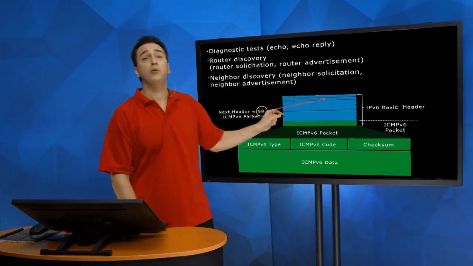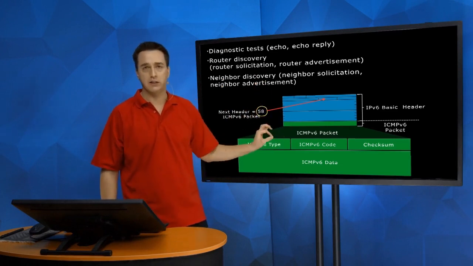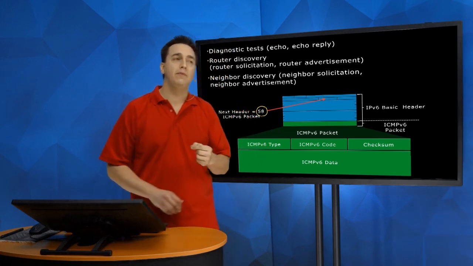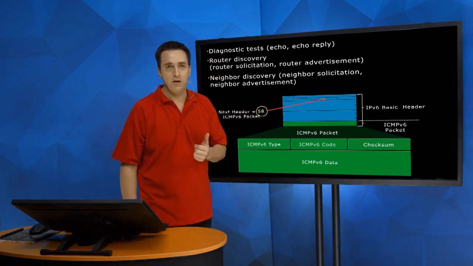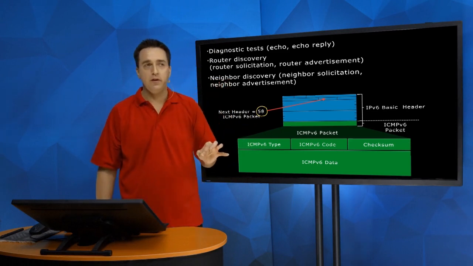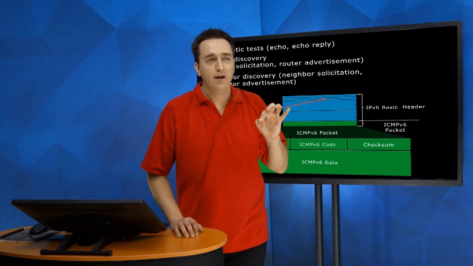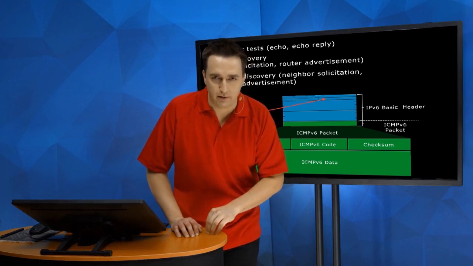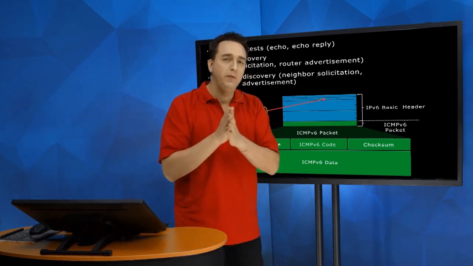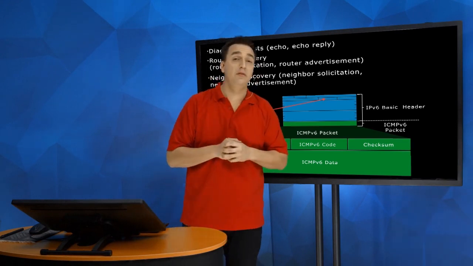Now, neighbor discovery, that's different than router discovery. Neighbor discovery uses neighbor solicitation messages and neighbor advertisement messages. Still part of ICMPv6 though. What is neighbor discovery? Well, let me remind you about an old feature for IPv4.